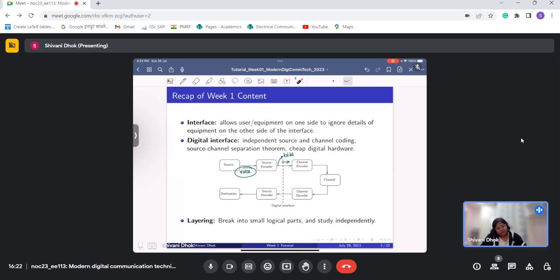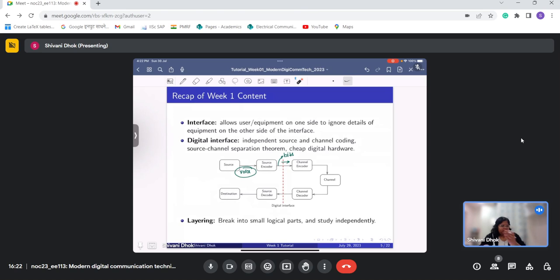Then, what we have is cheap digital hardware. Another thing that was introduced was layering. What this layering helps us with is that we can break down each block into smaller parts. For example, in the lecture it was mentioned that the source encoder block can be divided into parts.